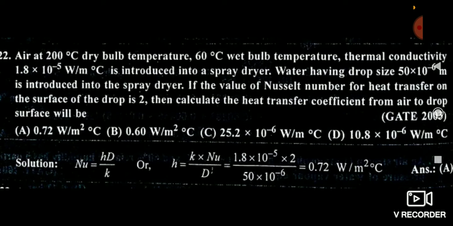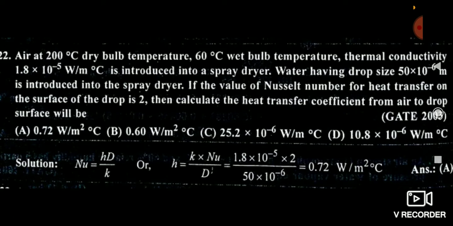So Nusselt number is equal to HD by K, where H is the convective heat transfer coefficient, D is the diameter and K is the conductive heat transfer coefficient, meaning thermal conductivity. So you should put all these values and calculate the H value.